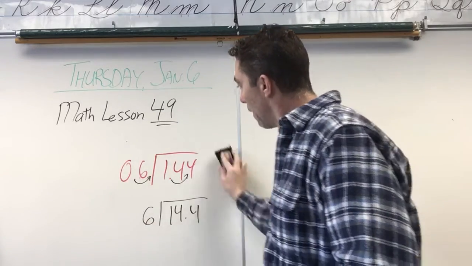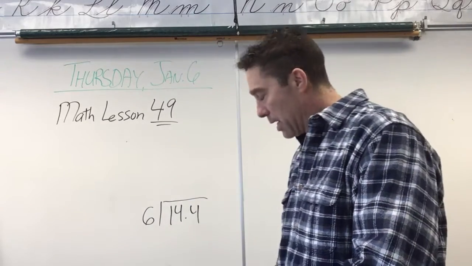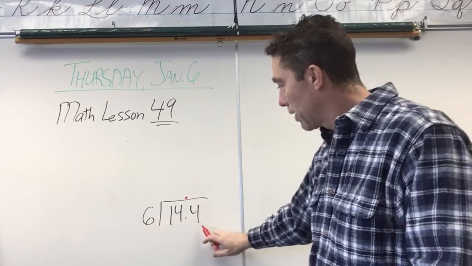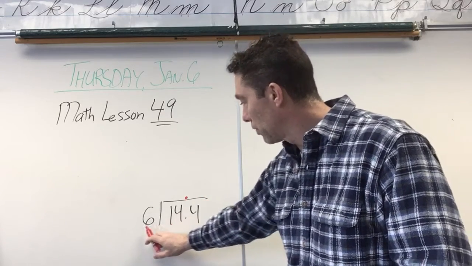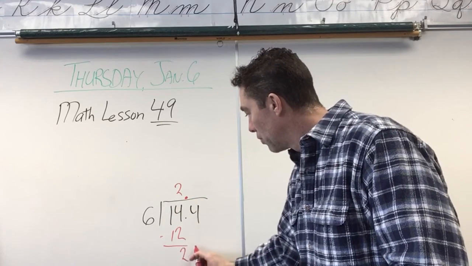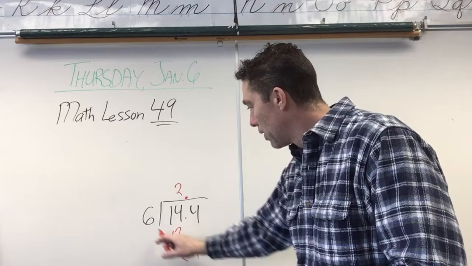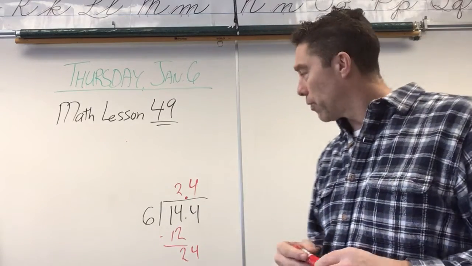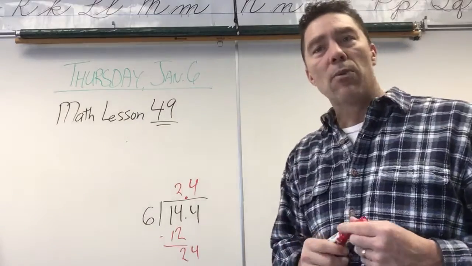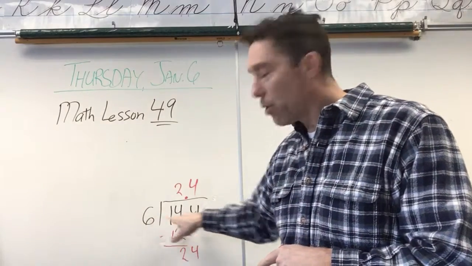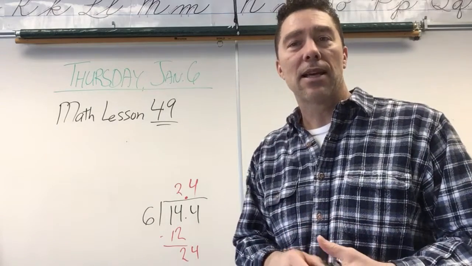Decimal goes up right away, and I just treat it like a normal division problem. 6 goes into 14 twice, 2, bring down the 4. 6 goes into 24 four times. 2.4, or 2 and 4/10. It wouldn't have changed the answer as long as I multiplied both of them by the same number, in this case 10.